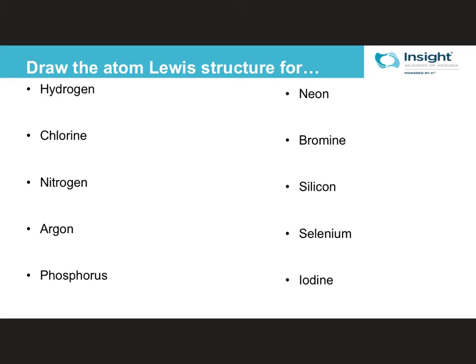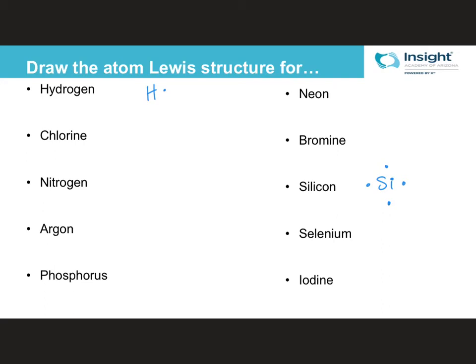Again, you just go to your periodic table, look up what column these are in, and that'll tell you how many valence electrons there are. Hydrogen is in group 1A, 1 valence electron. How about silicon? What group is silicon in? It's right below carbon, so silicon will have 1 valence electron on each side.